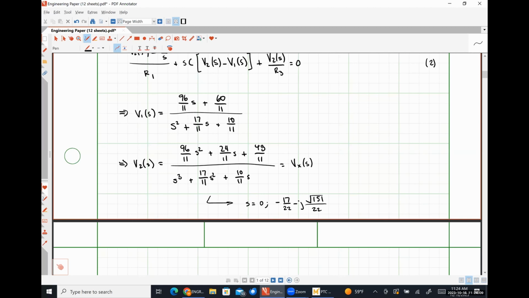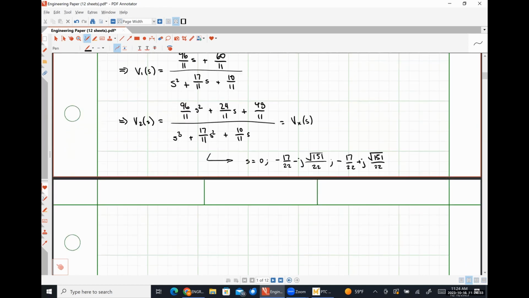I checked that square root of 151 can't be anything smaller because that's 3 times 67, both of which are prime numbers. So square root of 151 is as good as it's going to get. And then negative 17 over 22 plus j square root of 151 over 22.